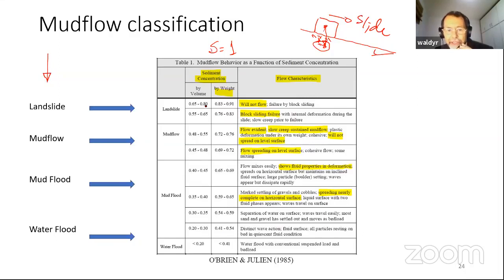So if you decrease a little bit the concentration, you may have a block sliding failure. In that case, you don't see any deformation on the block. It's a rigid block sliding, running down the ramp.